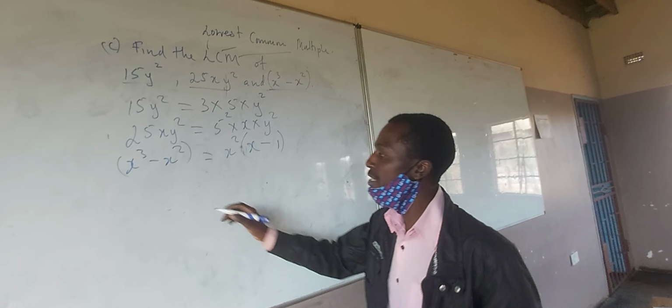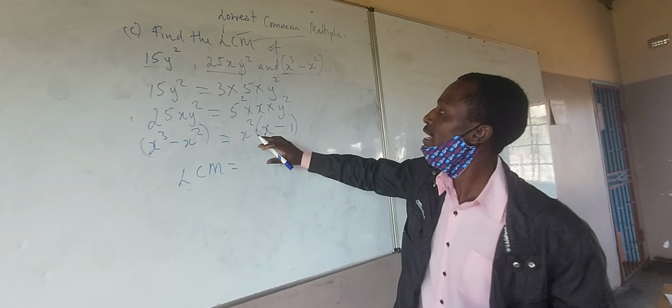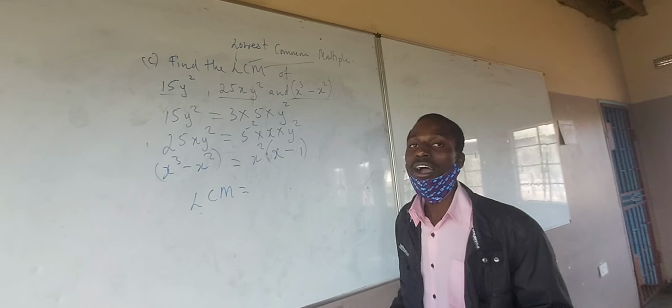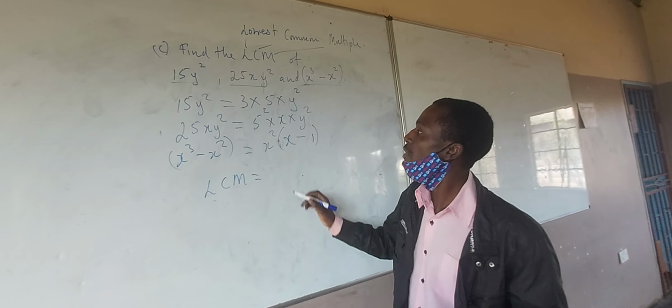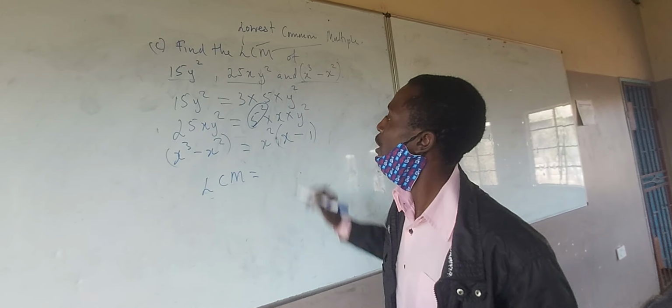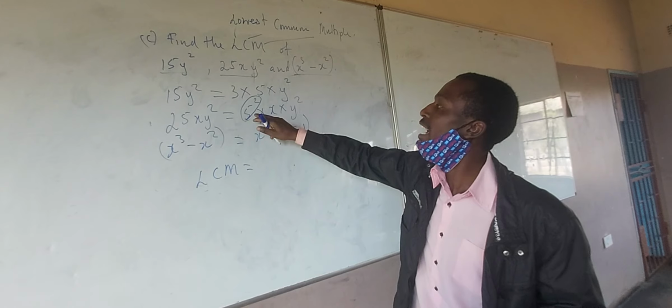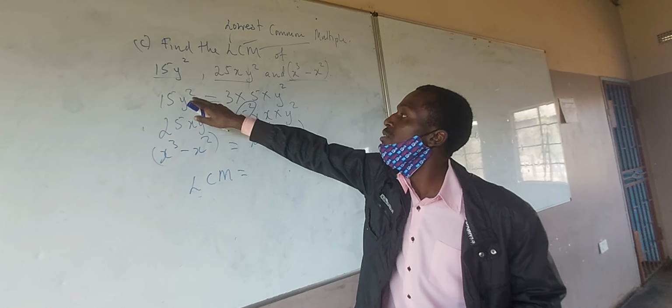Now, to find the LCM, we take those elements with the highest order power. Like in this case, we've got 5 squared, which has the highest order power, greater than the 5 in 15y squared.